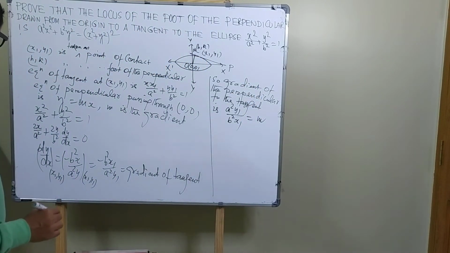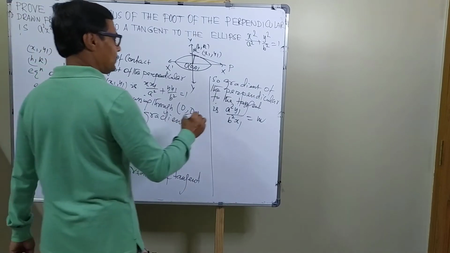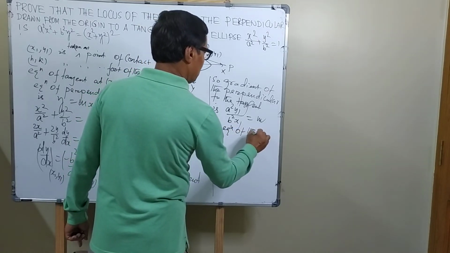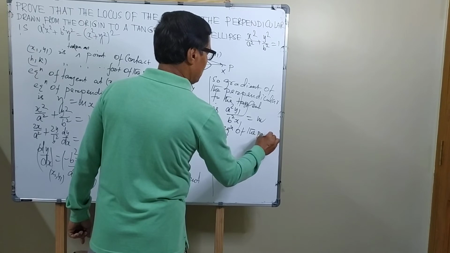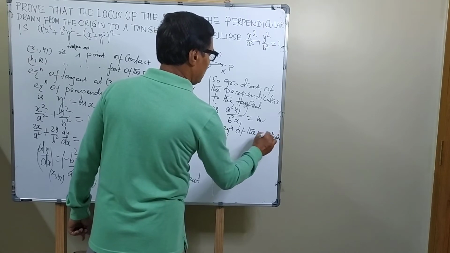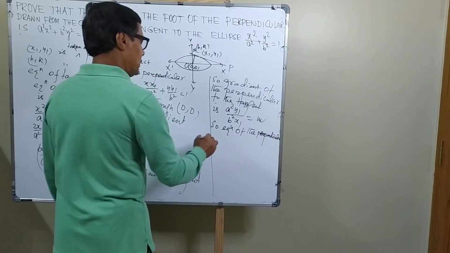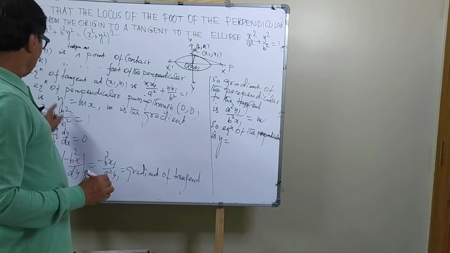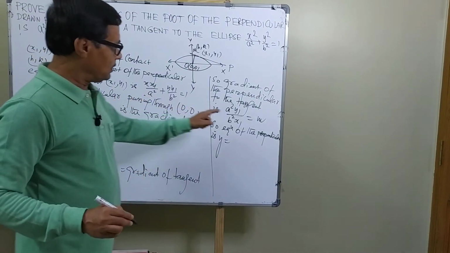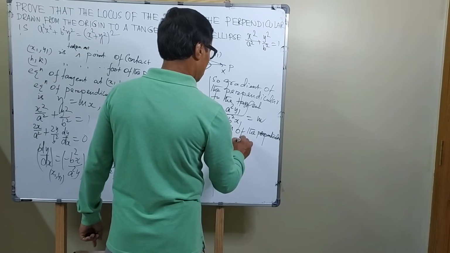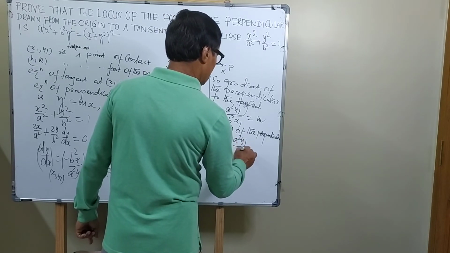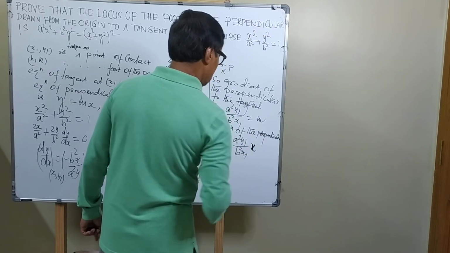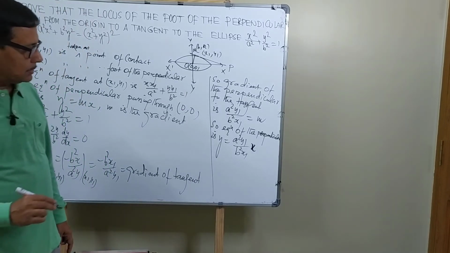So equation of the perpendicular is y equal to mx, where m is equal to this. So y equal to a square y1 over b square x1 multiplied by x. This is the equation of the perpendicular to this tangent.